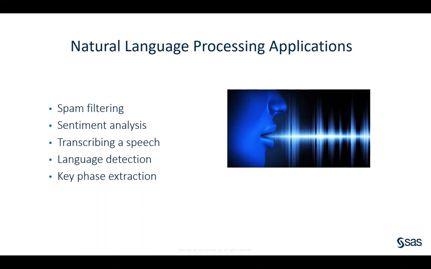Another application is key phrase extraction, automatically extracting the key phrases that quickly identify the main points of a text. For example, for an input text like, the food was delicious and there were wonderful staff, the algorithm returns the main talking points, food and wonderful staff.